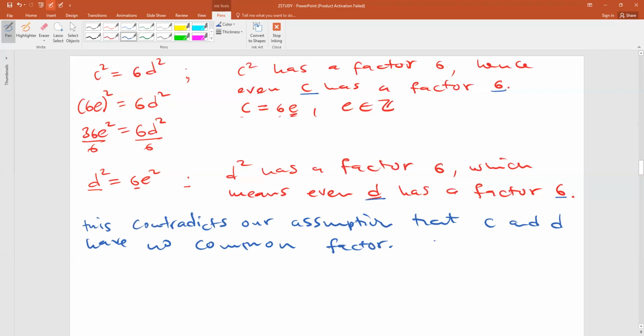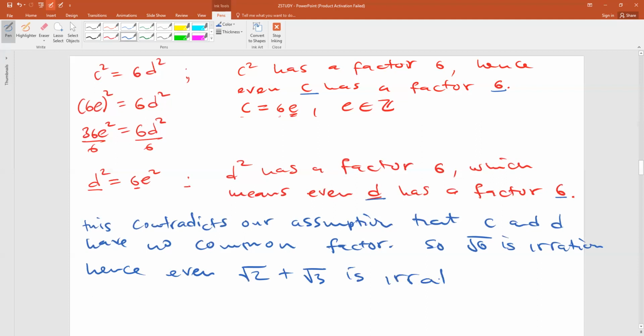So square root of 6 is irrational. Hence, even root of 2 plus root of 3 is irrational by contradiction.